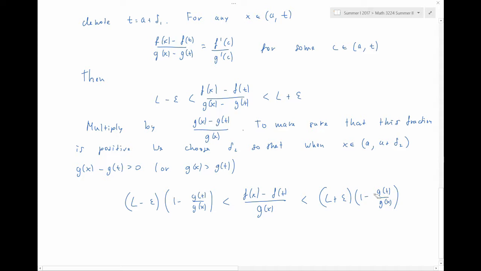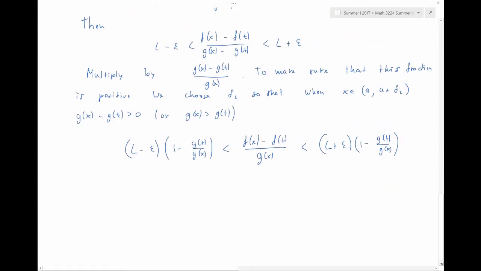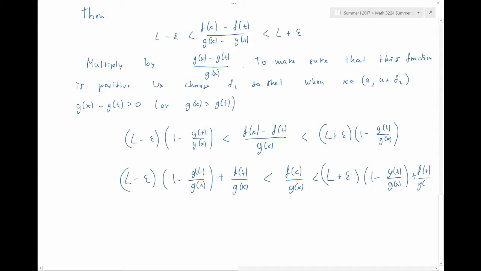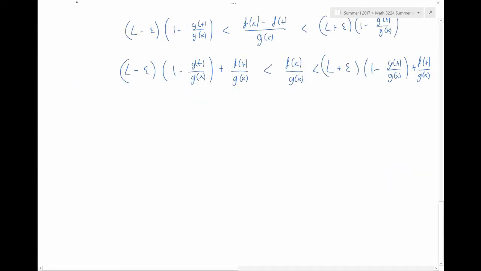And here it's the same deal. Now we have to get rid of f of t, but we can do it by simply splitting the fraction and adding this to both sides. Simplifying this inequality will mean the following for the ratio of f of x and g of x.